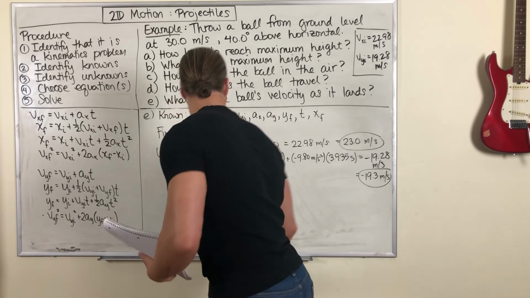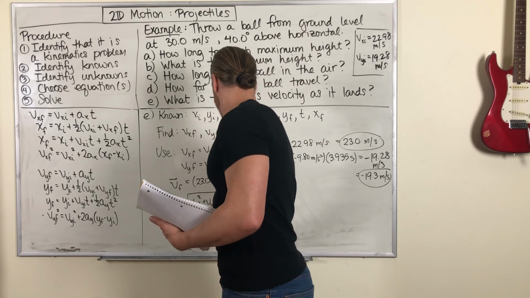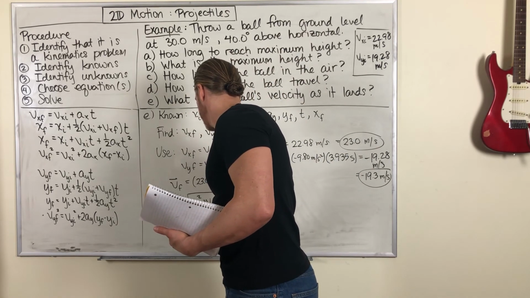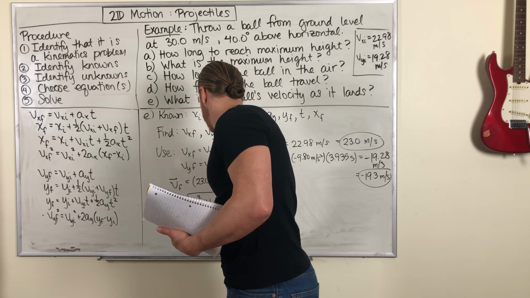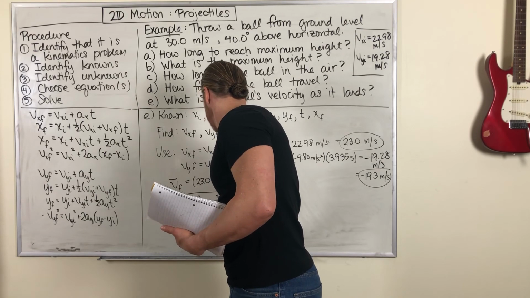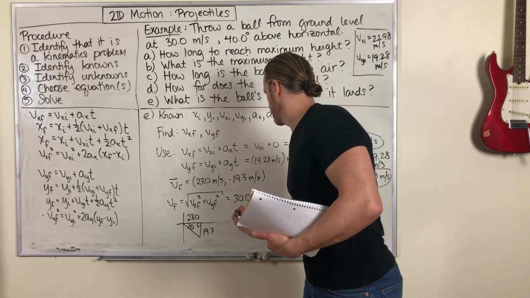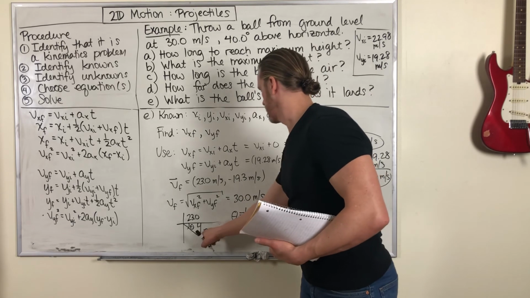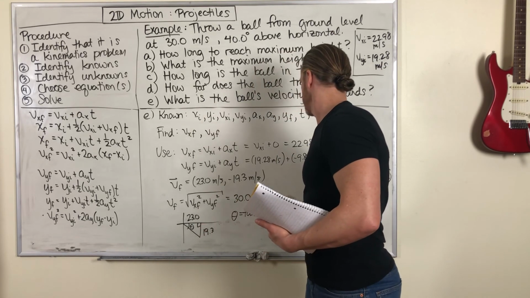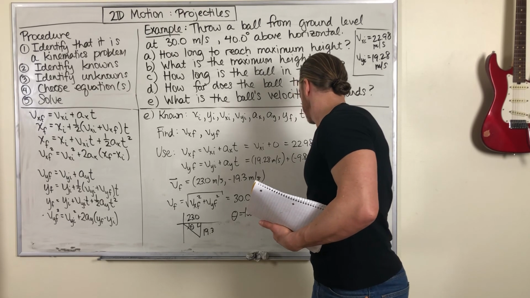So that final velocity vector, 23, negative 19.3, looks like this. Theta is inverse tangent, opposite over adjacent. Guess what?